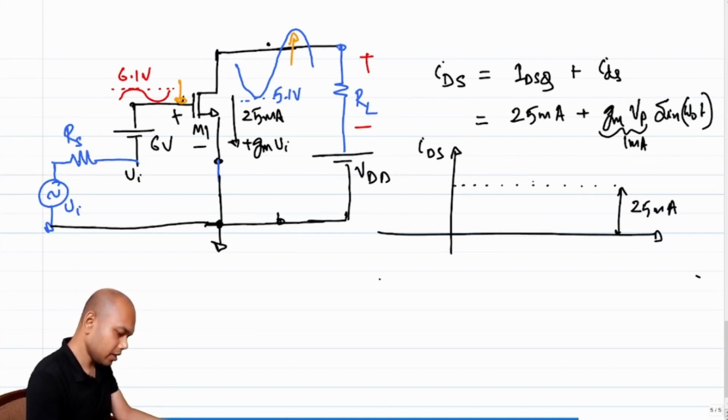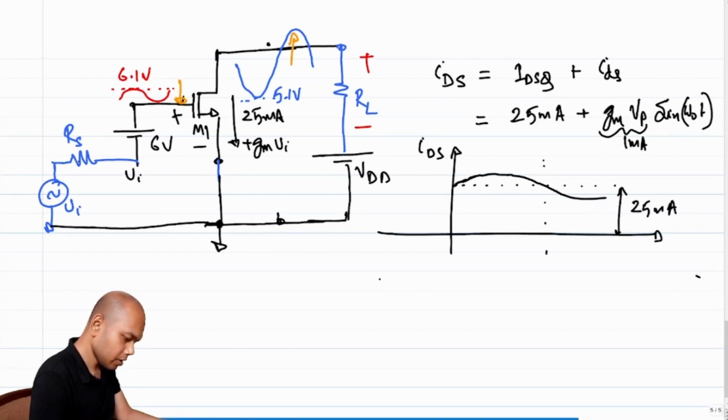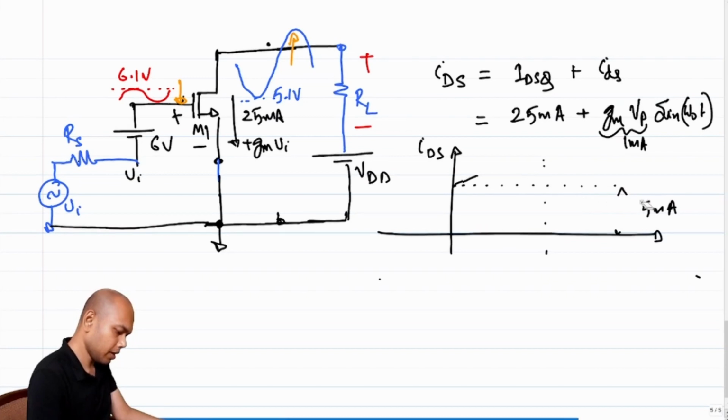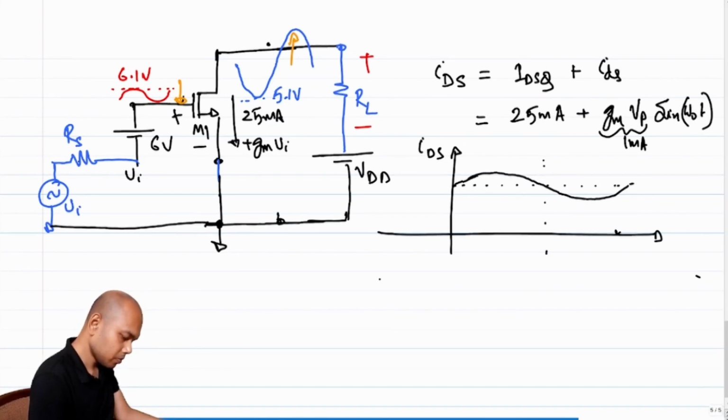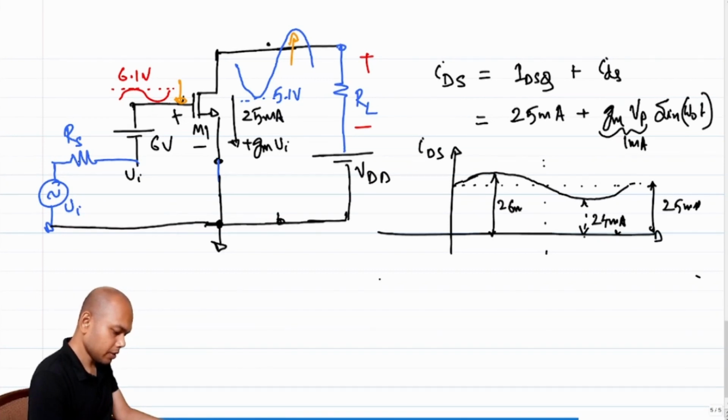The IDS essentially will look like this. It will go up by 1 milliamp and it will go down by 1 milliamp. So this is 25 milliamps. The minimum current will be 24 milliamps and the maximum current will be 26 milliamps.